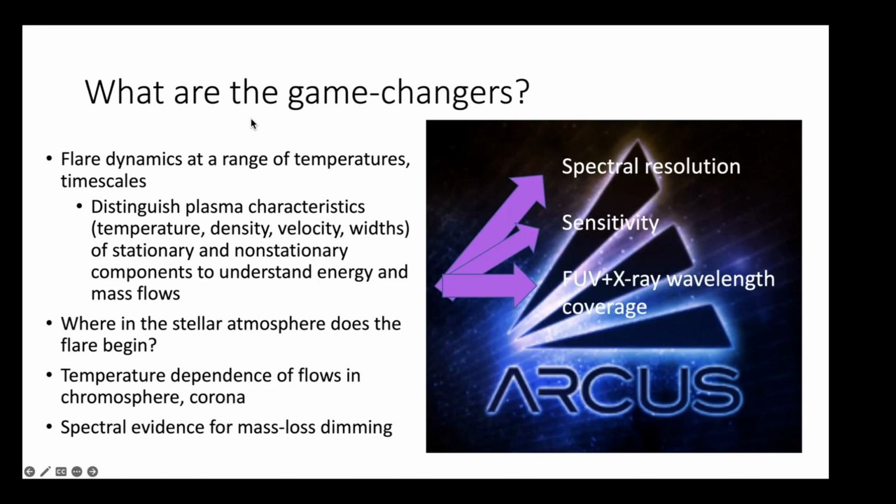Yes, it is better to have that information at the same time for several of the reasons that I pointed out, that you really want to know how the different atmospheric layers are relating to each other.